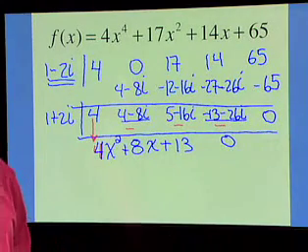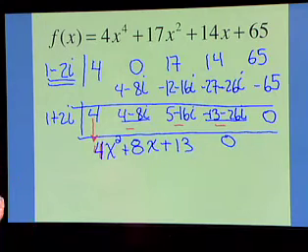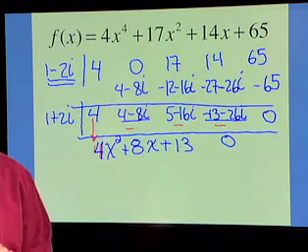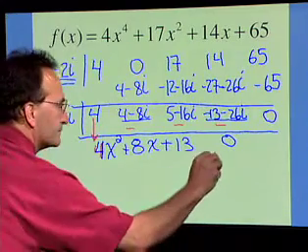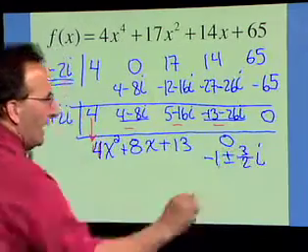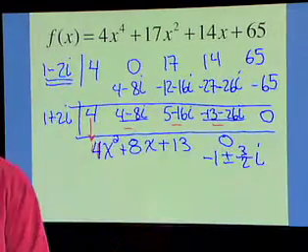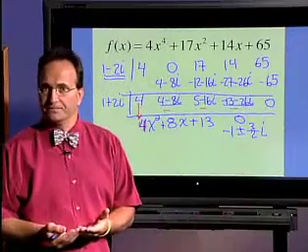And if we do that, we get the other two complex zeros. And those complex zeros would be -1 plus or minus 3/2 i. So with that, I can now write out the linear factorization.